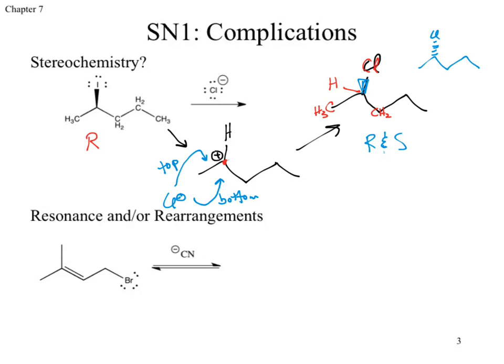If this strictly proceeds according to the SN1 mechanism, and we really do form that carbocation first, then it moves forward. We're looking at a 50-50 mix. Complete random odds of top versus bottom, and our optical activity is 0.